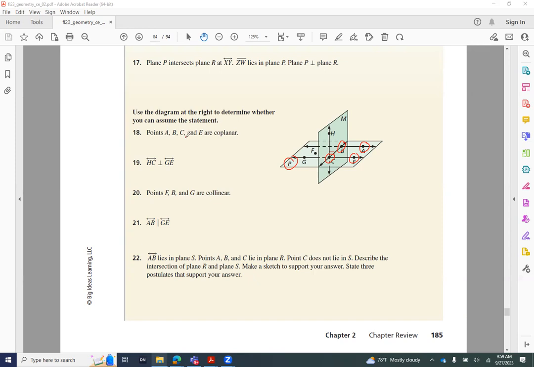It says, can you assume the statement? So we're going to put it in terms of yes and no. So yes. And if you wanted to say why, because they're on plane P. Let's see, 19.